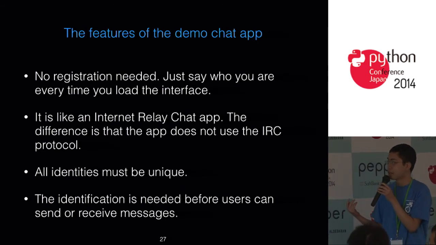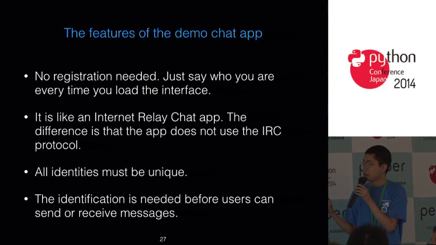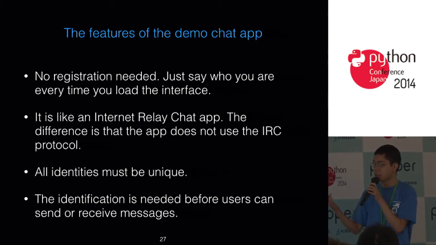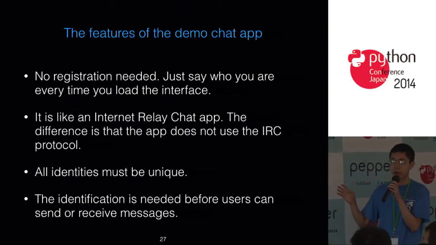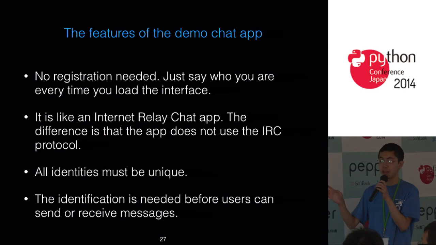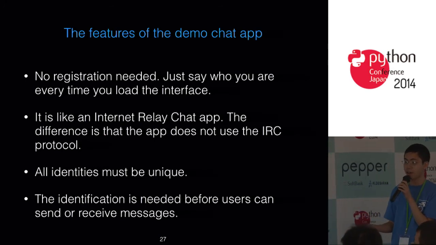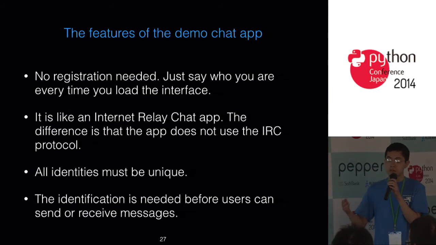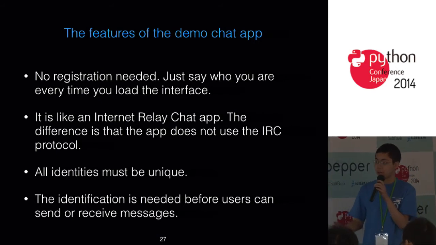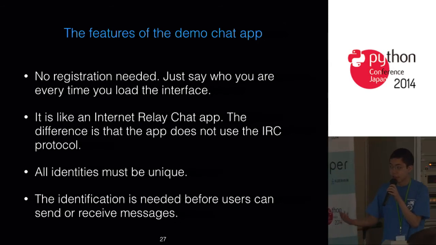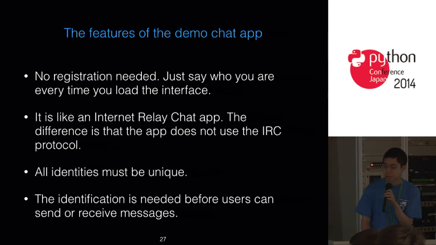It looks like an IRC, except not using the IRC protocol. The identity must be unique, so that we can guarantee it's broadcast to the right person. You don't want to send a message to somebody you don't want to send to. By the way, in IRC everyone sees the message, so it's kind of useless.